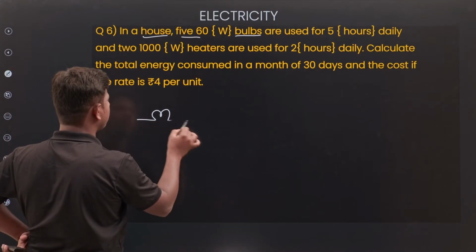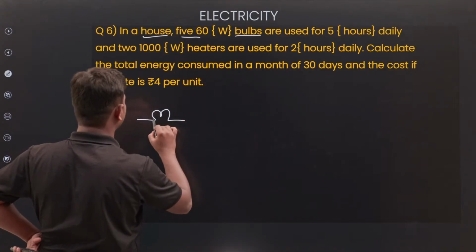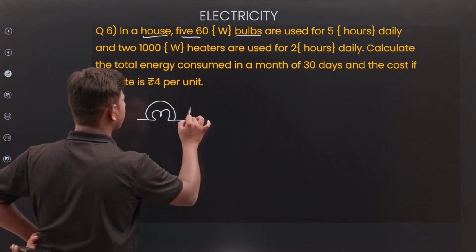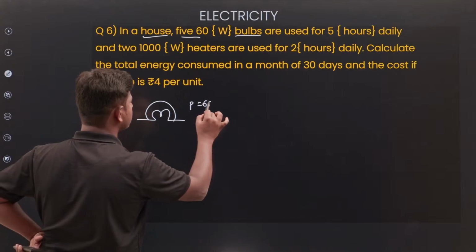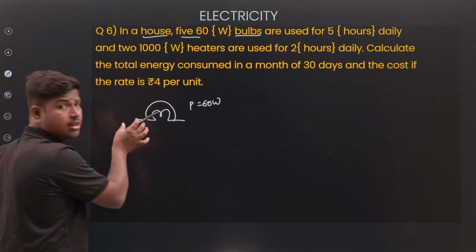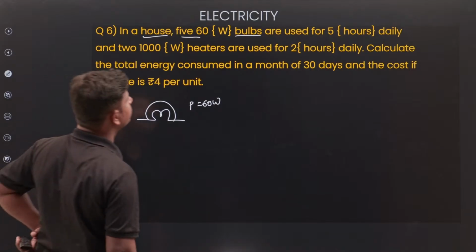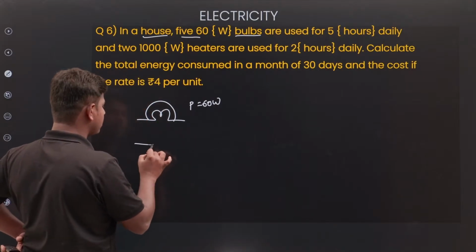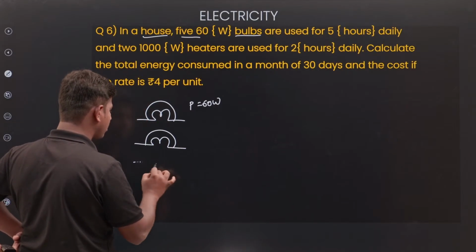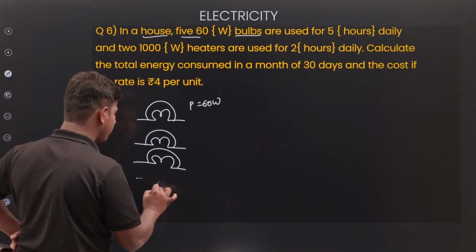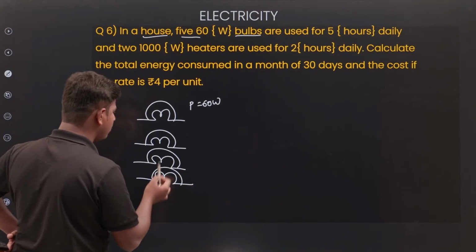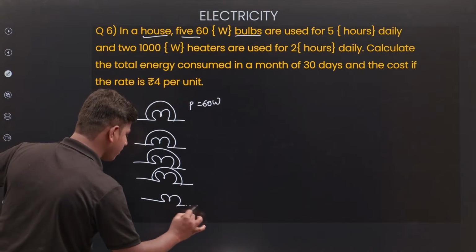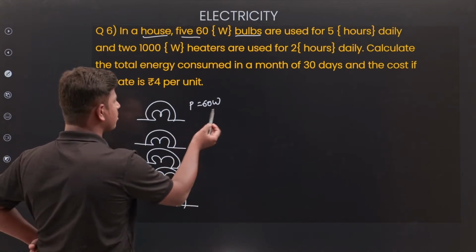So I'm taking one bulb, what is its power? 60 watt. Like this, five bulbs are there, 5 bulbs of 60 watts only.